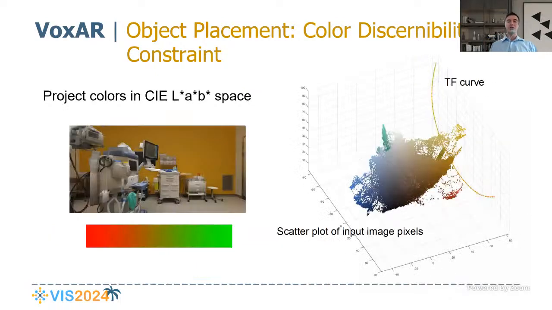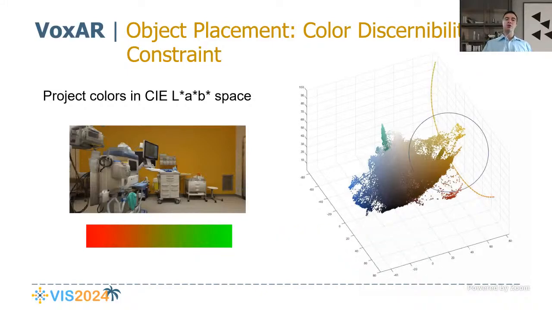Now, returning to our color discernibility constraint, by projecting our image and transfer function in CIELAB, we can identify which image pixels are close to the curve, indicating that they are perceptually similar to the transfer function, and which are not. You'll notice an intersection here. This patch corresponds to the yellow area on the wall.